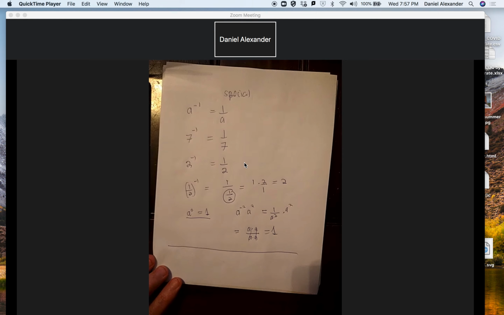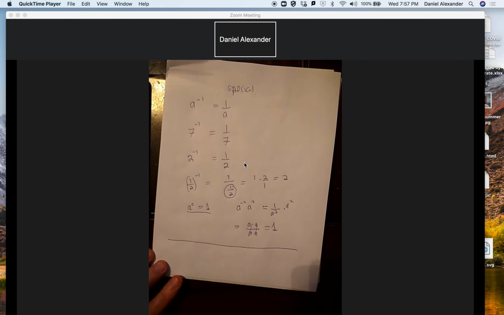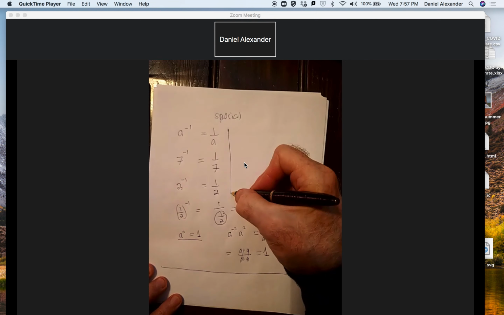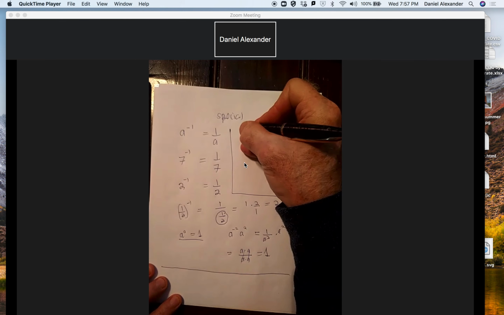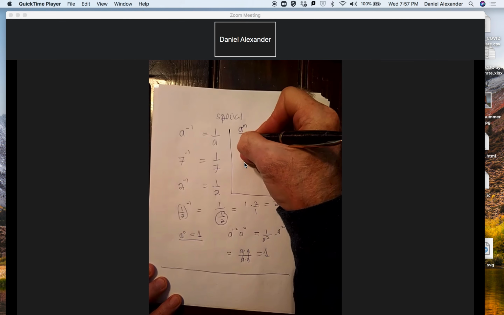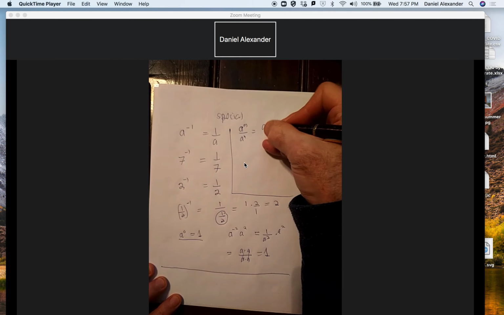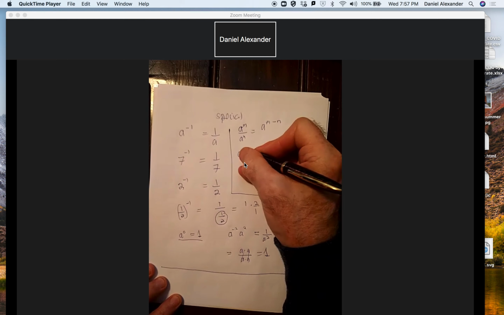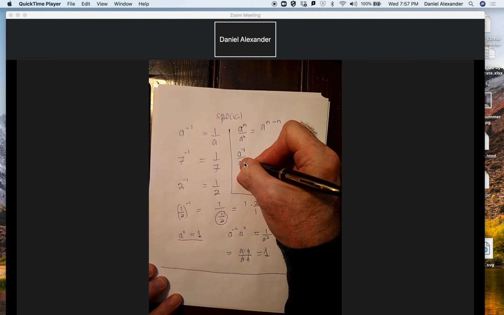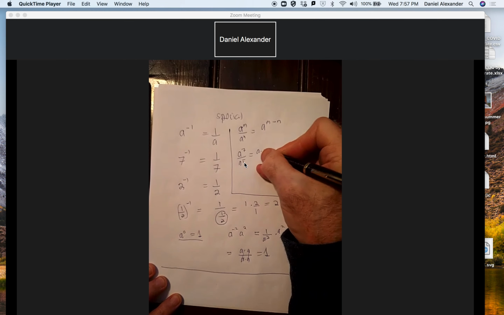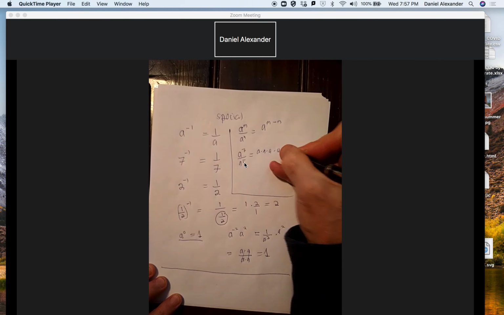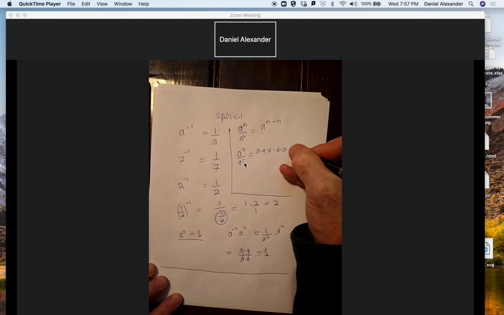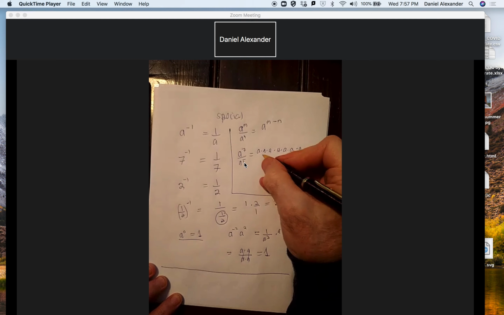One last thing, and I should have done this on the last page. Let me do it up here where there's a little bit more room. If I have a to the m over a to the n, that's going to be a to the m minus n. So let's look at that. If I have a to the 7 over a to the 5, I have 7 a's up here and I have 5 down here.